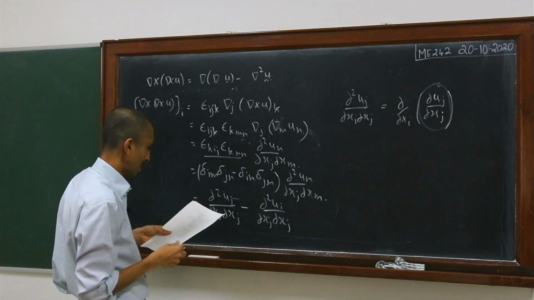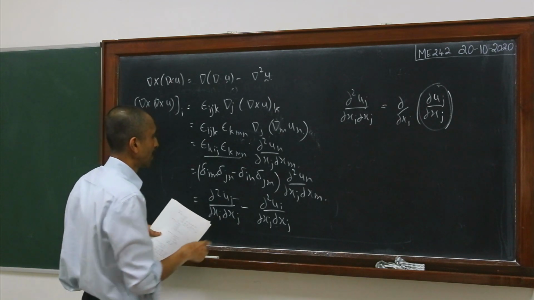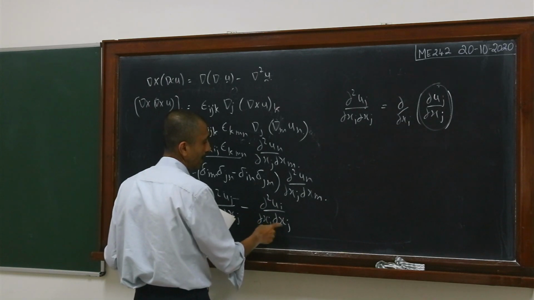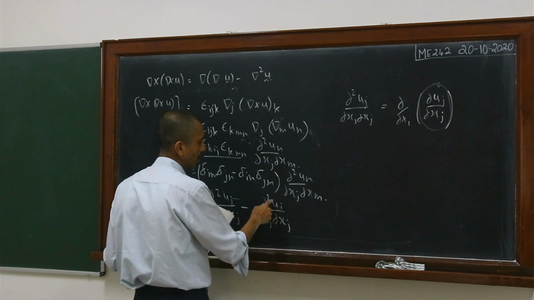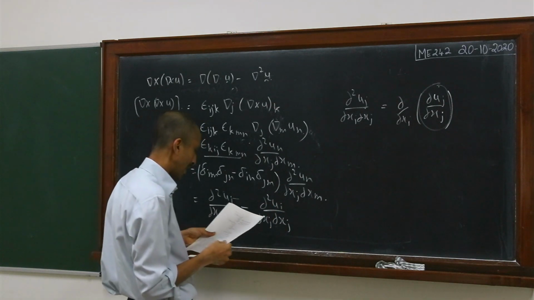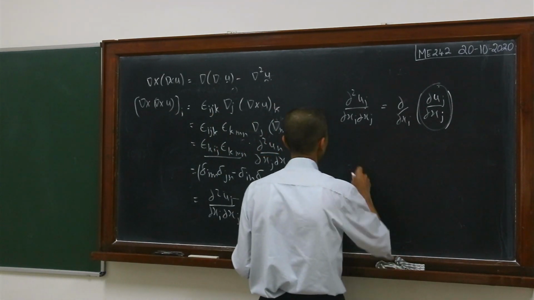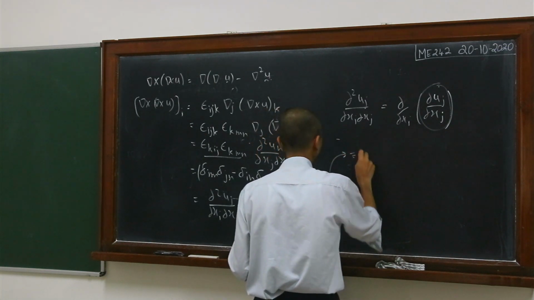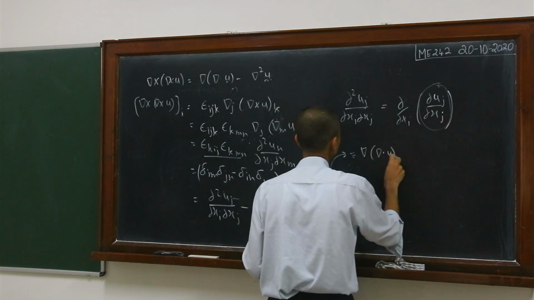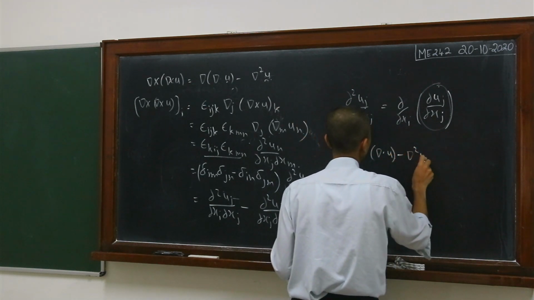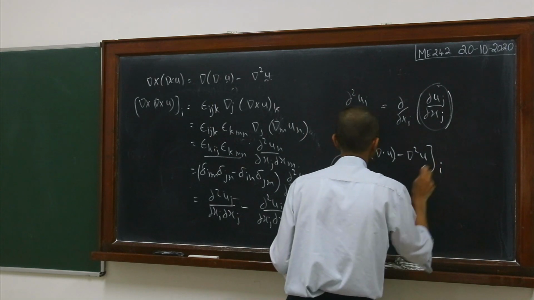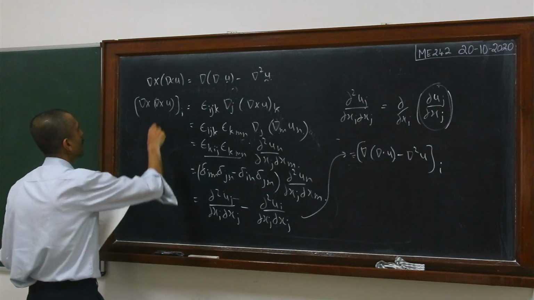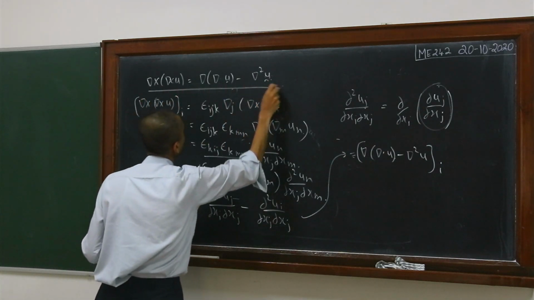And this other object is nothing but del square u. This operator is the del square operator, and so this actually is the component of a vector, the ith component. So this part I can write as del of del dot u minus del square u, the ith component. We started out with the ith component and then we have shown this. So basically that proves this identity here.